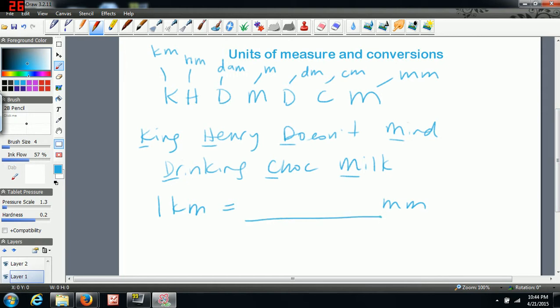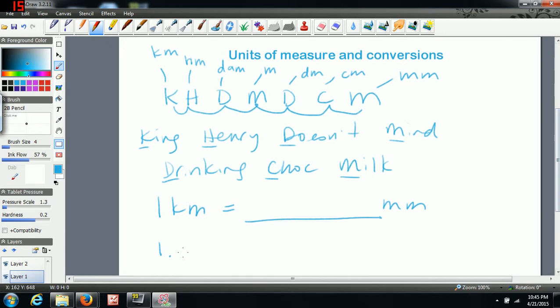What you're going to do is go to your chart, go to kilometers, and then find millimeters. So you're going to go 1, 2, 3, 4, 5, 6. The decimal is always at the end of every number if it's not written down. So you move the decimal exactly in the same direction, 1, 2, 3, 4, 5, 6, and then just fill in with zeros. And that actually gives you your answer for millimeters, okay?